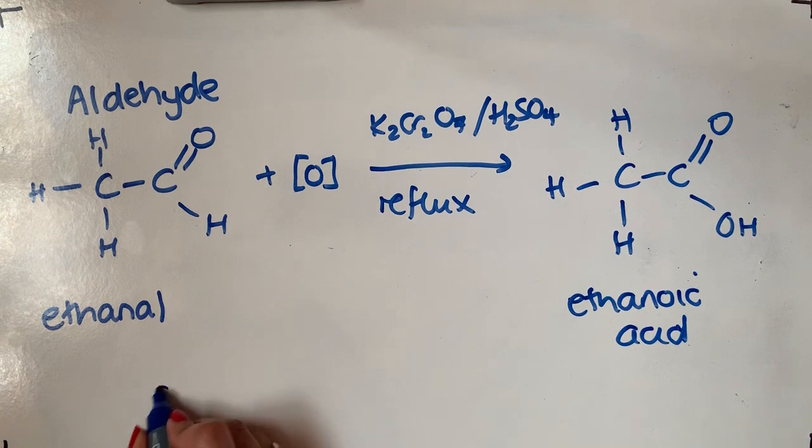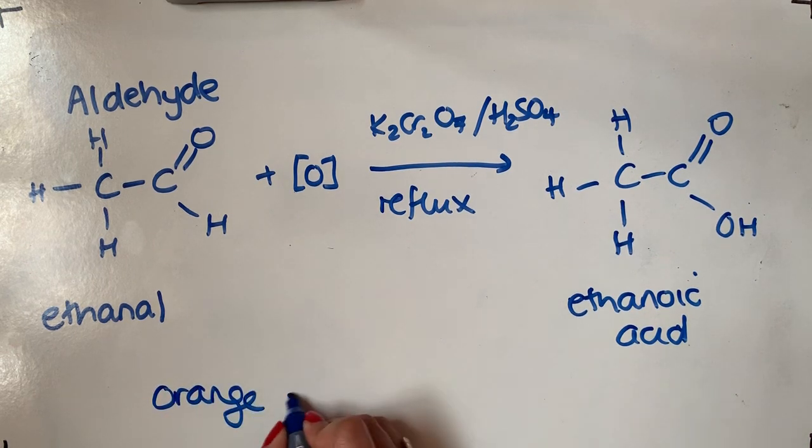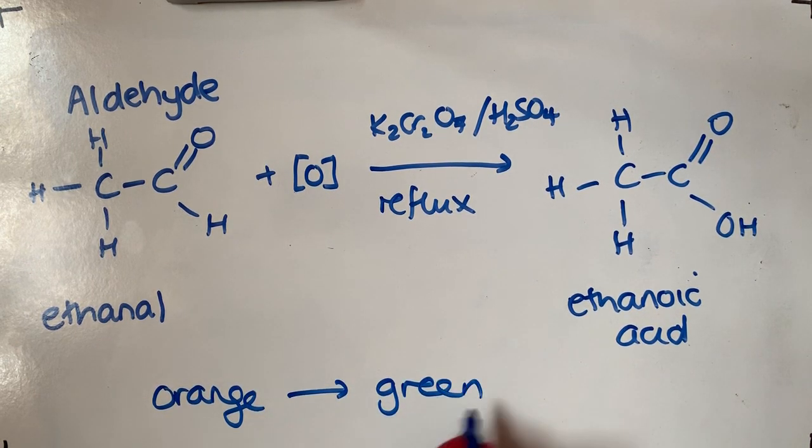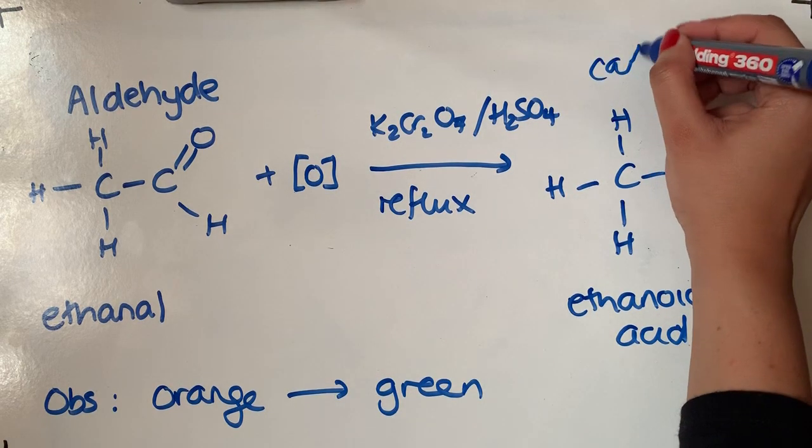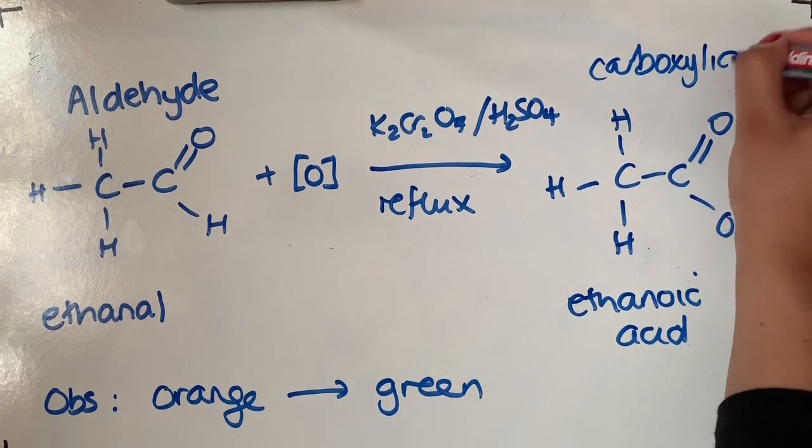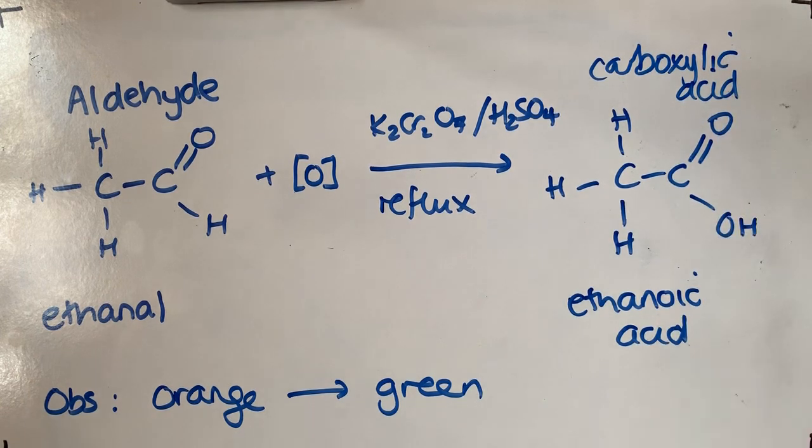It should go from an orange to a green colour. So that's the observation. Aldehydes can be oxidized to their corresponding carboxylic acid using an oxidizing agent and reflux conditions.